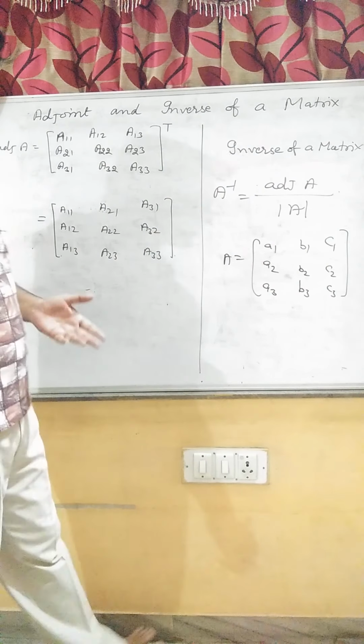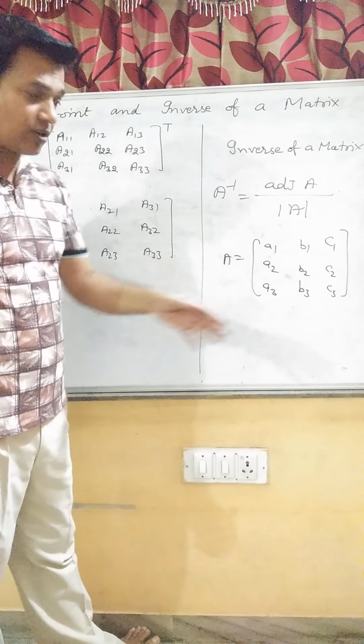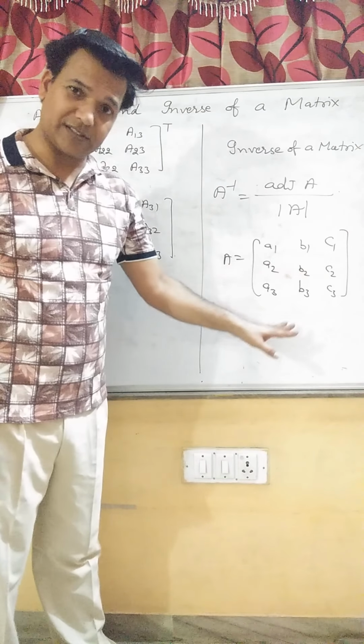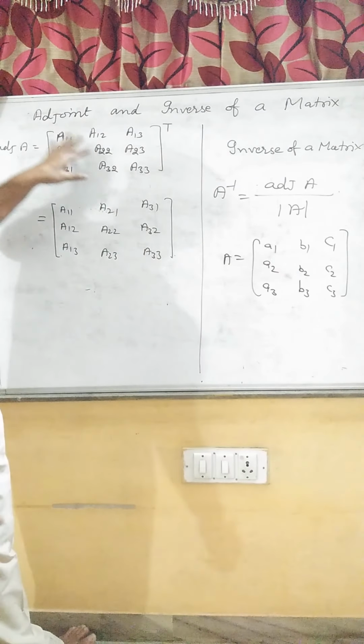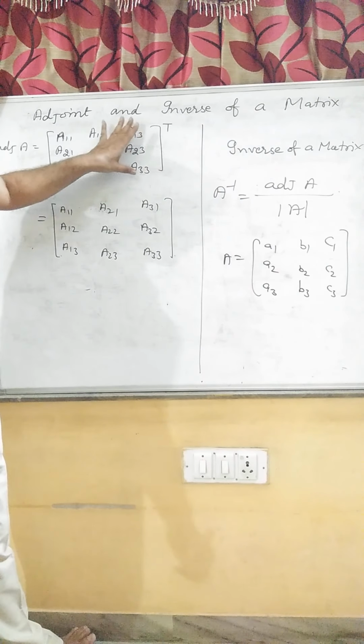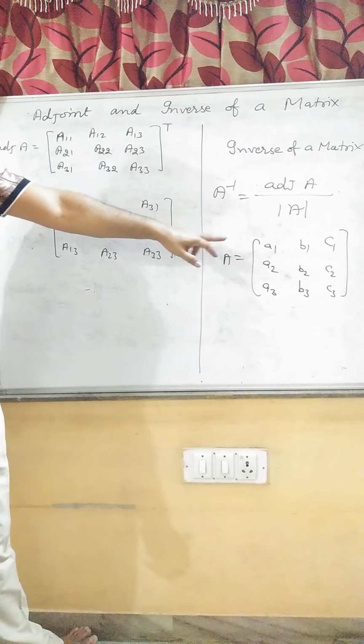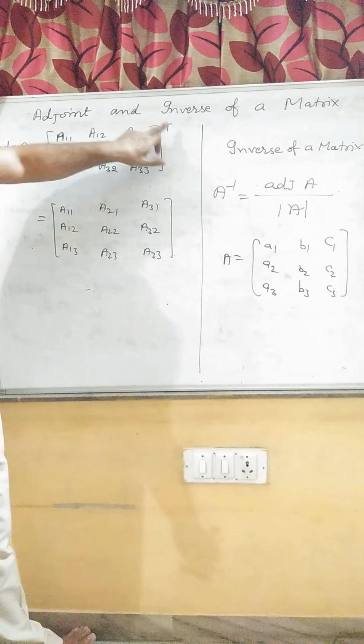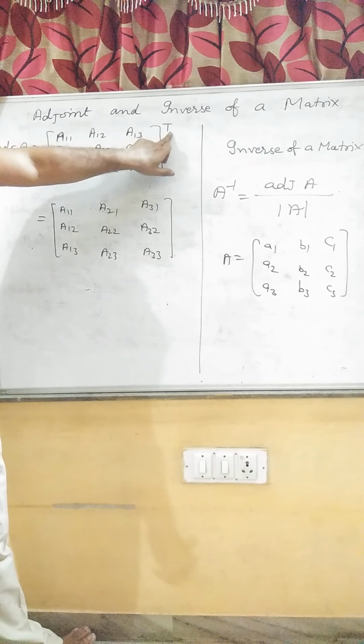First we have to calculate the cofactor value of each and every element and then make a matrix by using the cofactors of these elements and take the transpose of this one.